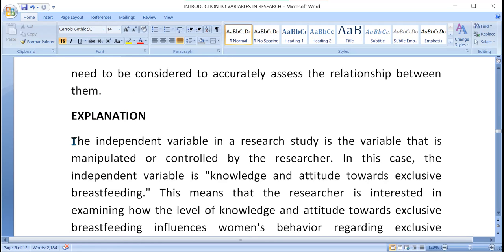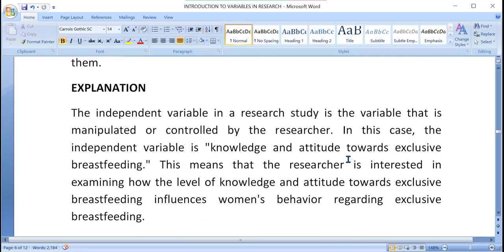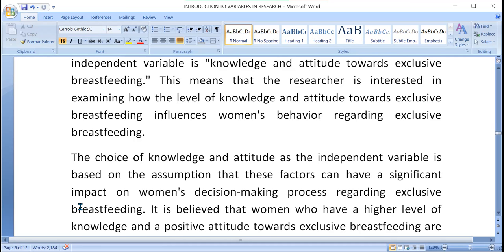Further explanations. The independent variable in a research study is the variable that is manipulated or controlled by the researcher. In this example, the independent variable is knowledge and attitude towards exclusive breastfeeding. This means that the researcher is interested in examining how the level of knowledge and attitude towards exclusive breastfeeding influences women's behavior regarding exclusive breastfeeding.